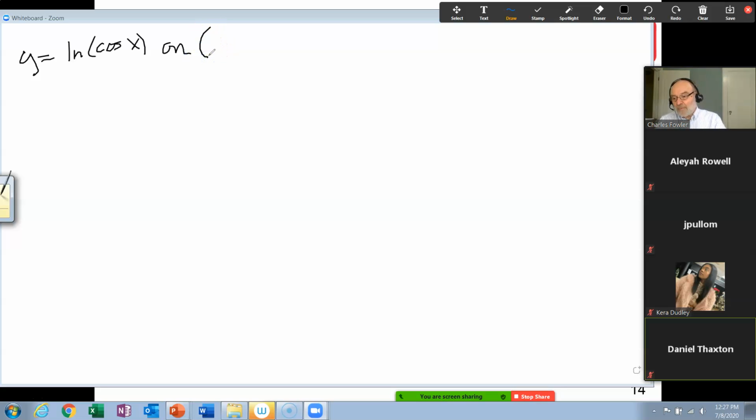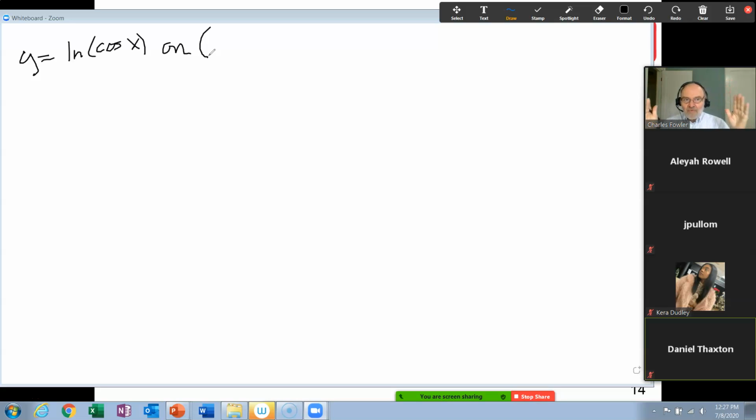It's going to be a parentheses, and I don't know if you know why it's going to be a parentheses, but it is. Because picture cosine x. Okay, I'll take that back. It doesn't have to be a parentheses.